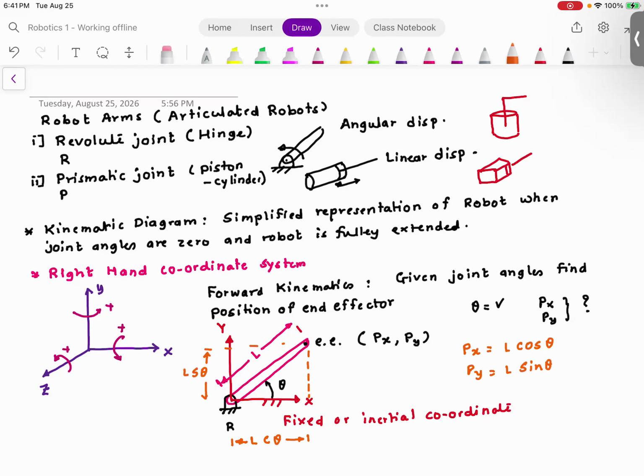Now please note that this L is the robot parameter. So this L is given to us. L is not changing. The only thing that is going to change is the value of theta. Say if you have a motor, that motor will rotate this link and accordingly the value of Px and Py would be changing. Everyone understood this?